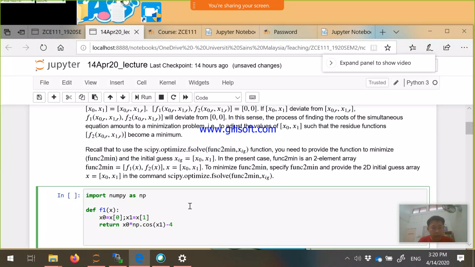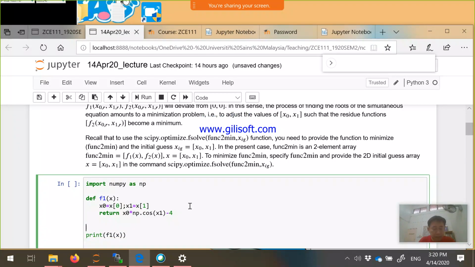Let me try to print out the values of f1. F1 is a function that reads in x. So what is x? X has to be an array containing two numbers. The first number is x0 and the second number is x1.